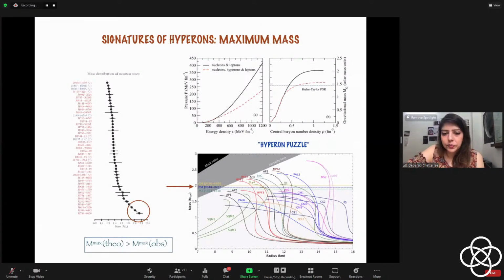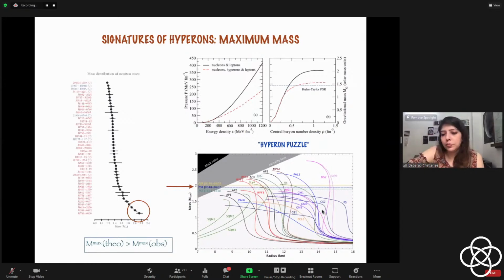Ma'am, I couldn't understand why those lines which are above that mark are the possible ones. Right. So each of these lines is actually a sequence of different masses corresponding to different central densities. Like I said, these correspond to different equations of state. Each curve corresponds to a different theoretical model, and for each theoretical model there is a maximum mass.